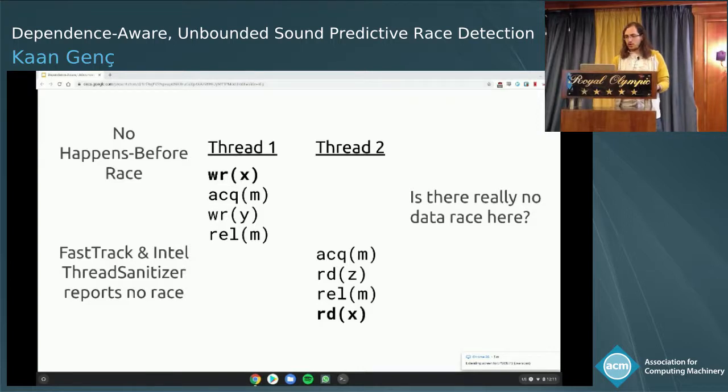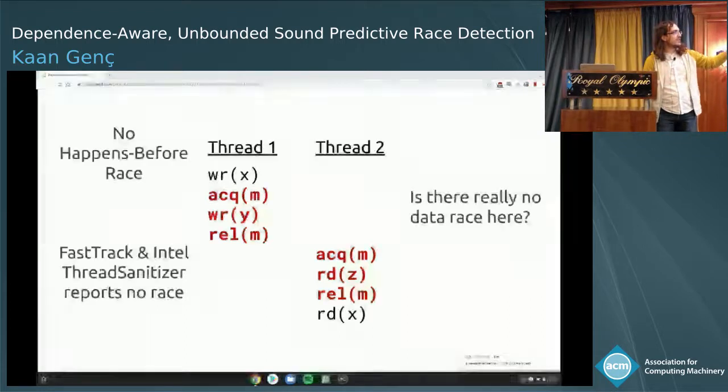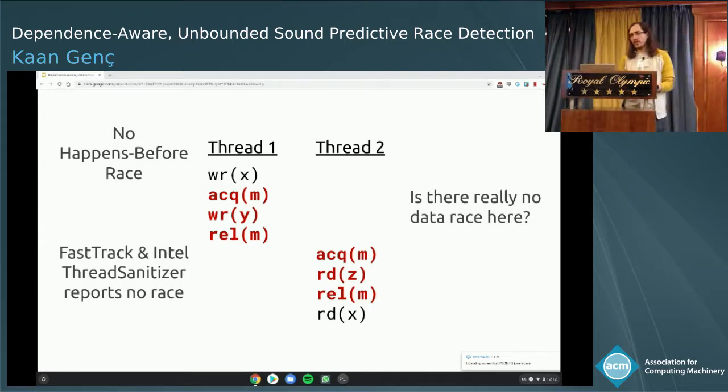First of all, why do happens-before race detectors tell us that there is no race here? The reason is that they look at the critical sections between the accesses to X, and they say both of these critical sections acquire and release the same lock M. Since they're acquiring and releasing the same lock, and these are in between the potential race, they say that there is no data race in this example.